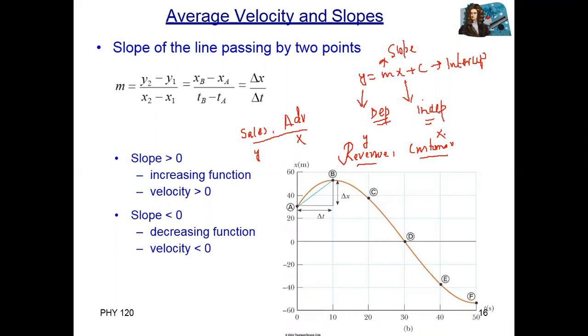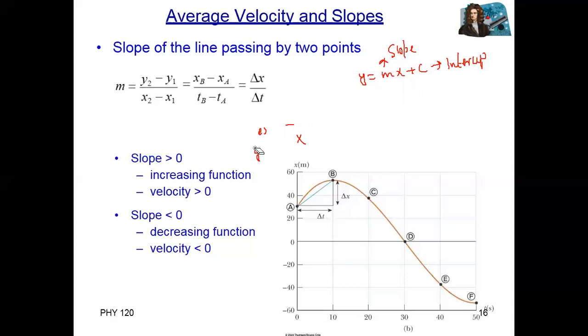Next one is slope. So what is slope actually? Slope is the rate of change. The slope means the relation between two variables, the dependent variable and the independent variable. I will give the same example of advertisement and sales.